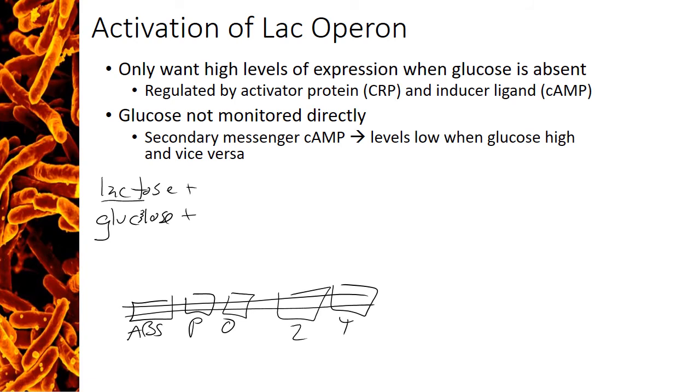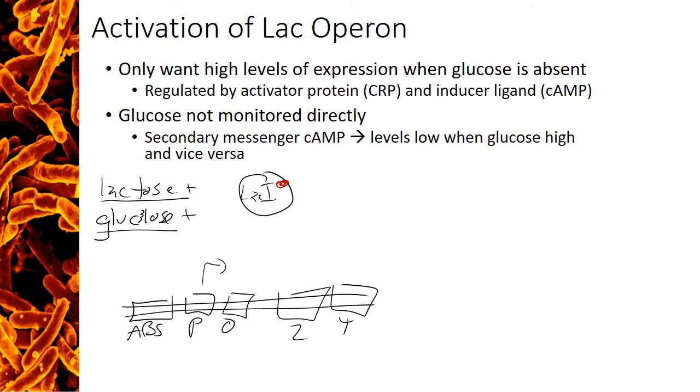Now, because lactose is present, remember lac-I is bound to allolactose, and it's floating off in the cytoplasm somewhere. So there's no repression happening here, which means RNA polymerase can come in every once in a while and do some transcription. But there's glucose present, which means we don't really want to use these genes yet, so we want to make sure that this is low level of transcription, and that's done because of the activator protein.